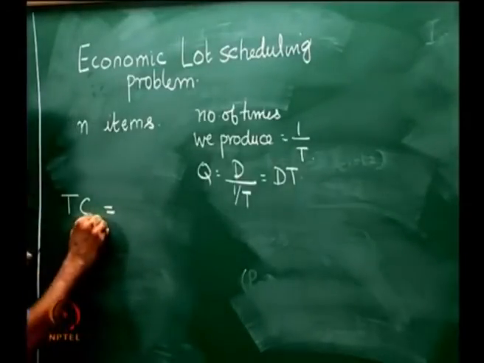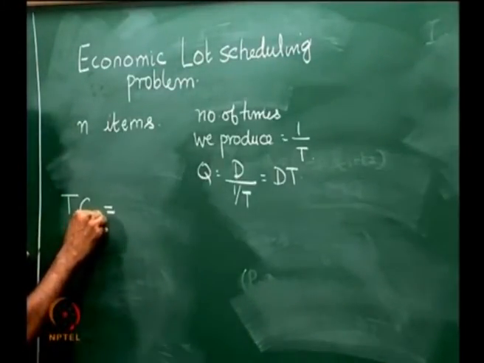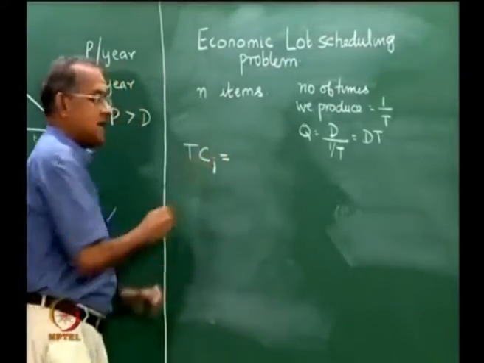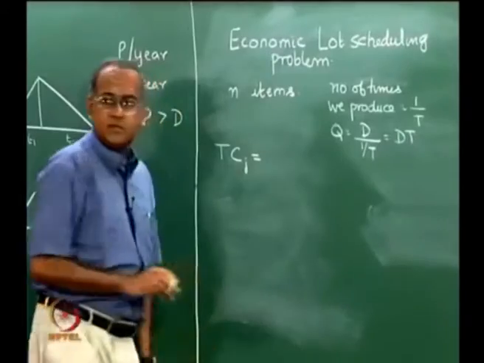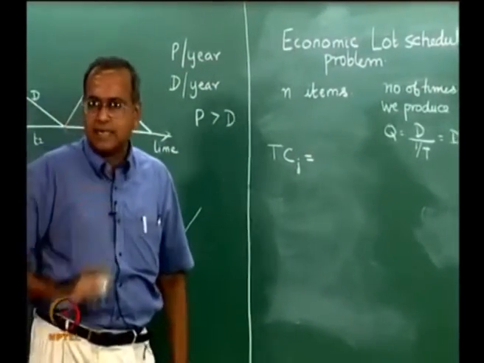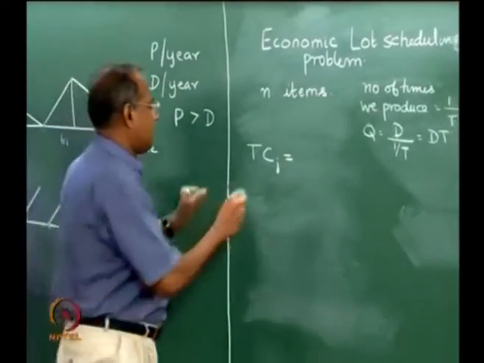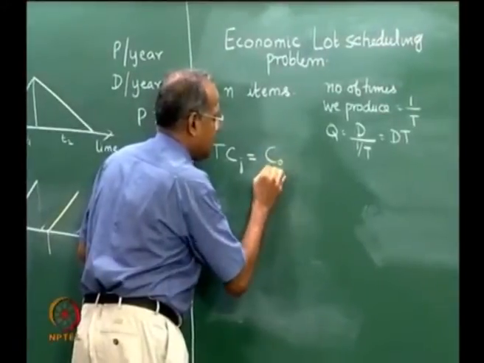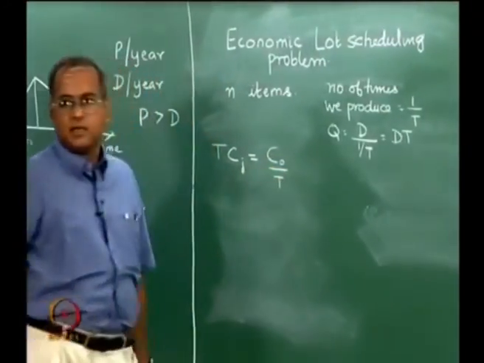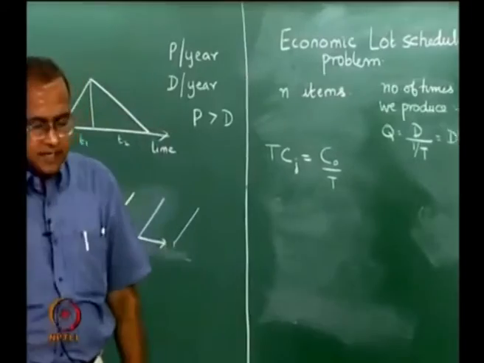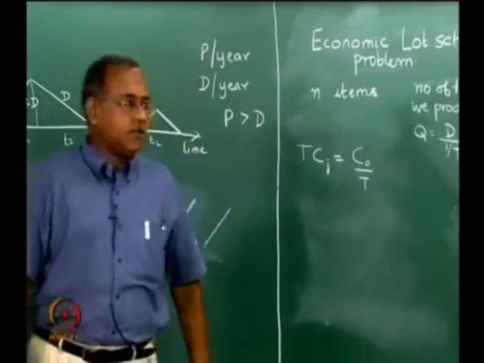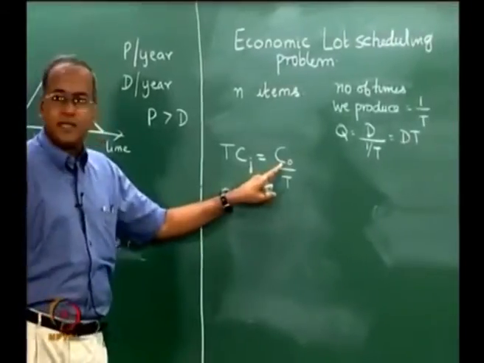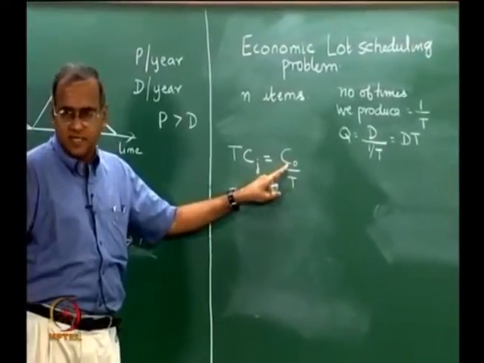So, for a particular item, let us say TC1 or TCj for the jth item, the number of times we produce will be 1 by T. So, C naught by T is the total setup cost that we will have. Now, if C naught is the same for all the items, then we call it C naught.